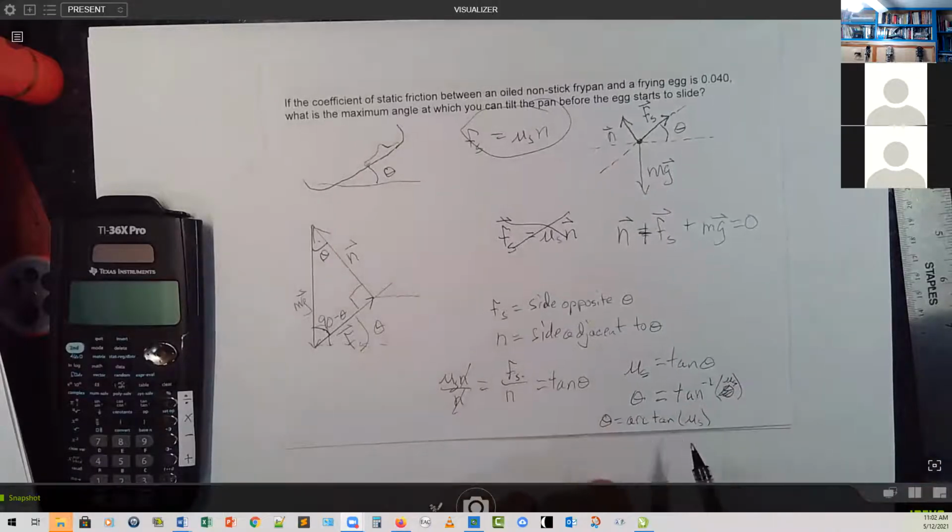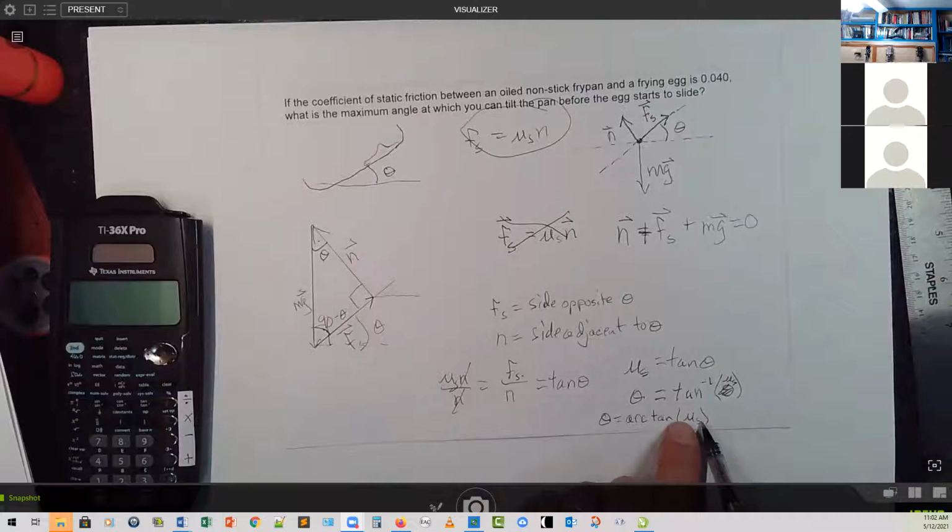The way you read this, or the way that I read this to this day, it's the angle for which the tangent is mu sub s. Well, mu sub s is just a number, but if I think of it that way, it's the angle for which the tangent is a particular numerical value. Then what you get when you evaluate this is theta.